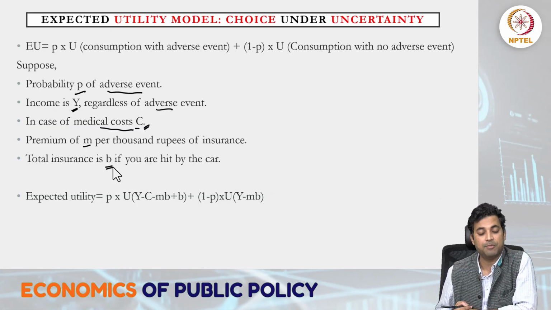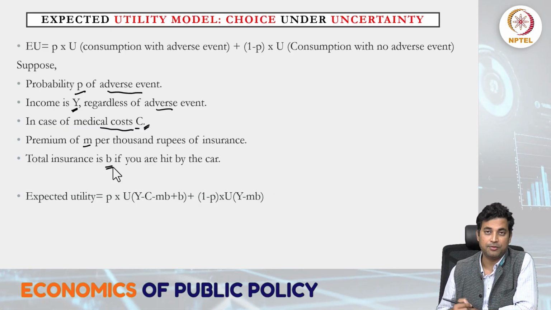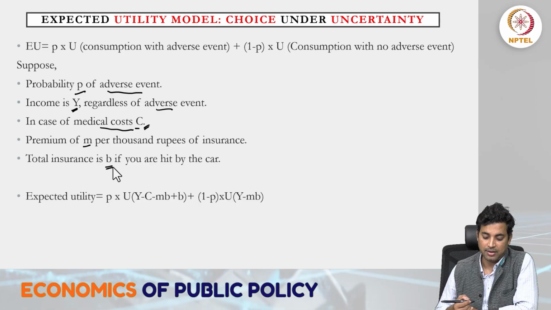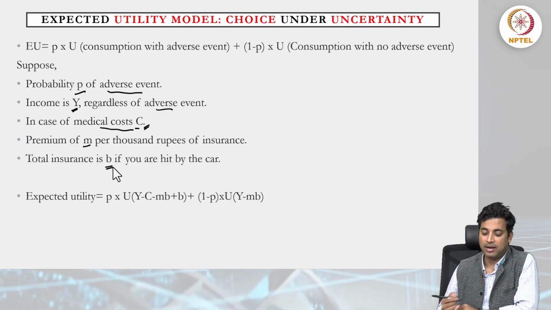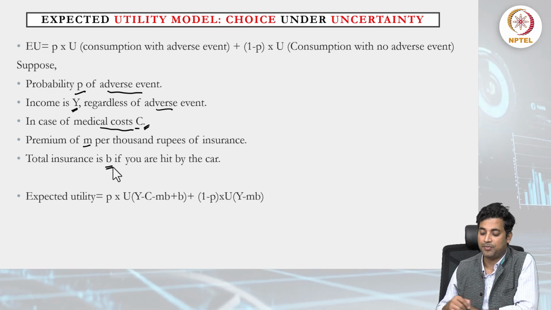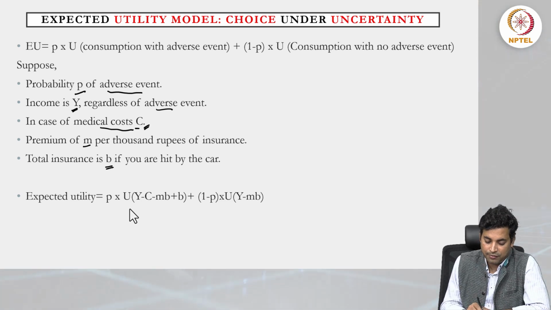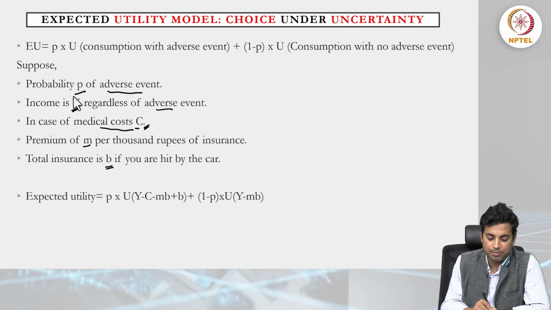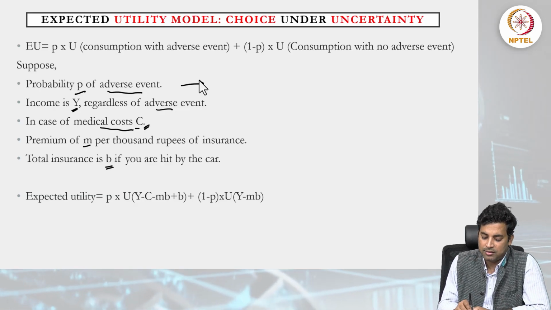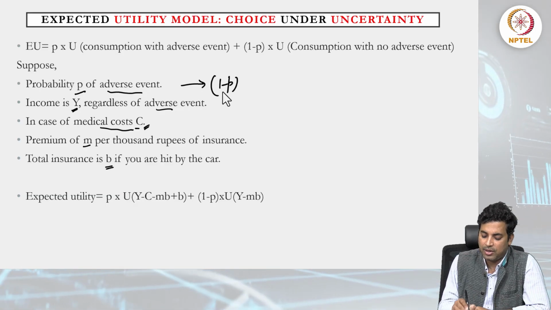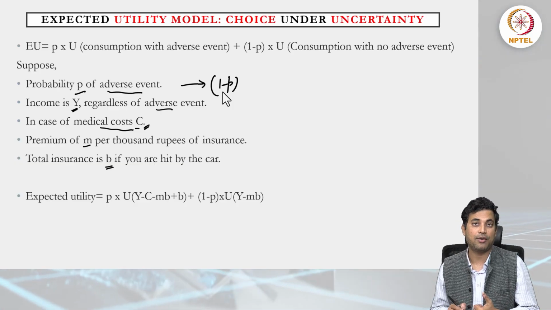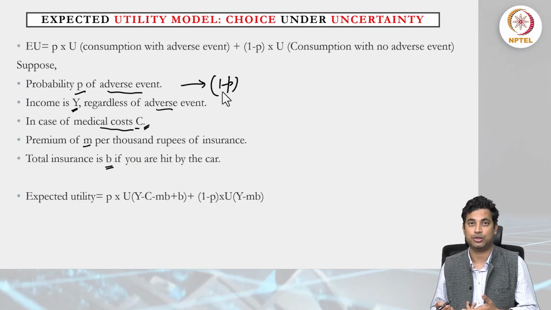So what would be the expected utility? First is the utility for the adverse event, and another utility that we calculate is with no adverse event. Assume probability P is for the adverse event. That means 1 minus P is for no adverse event, as we know that the total probability, the summation of Pi, will be equal to 1.